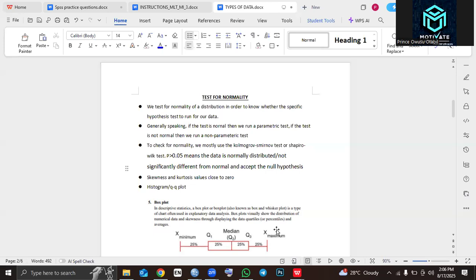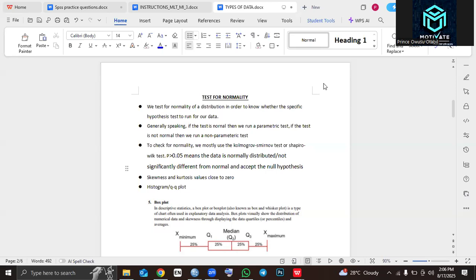Now, if the p-value is greater than 0.05, then it means that the data is normally distributed.